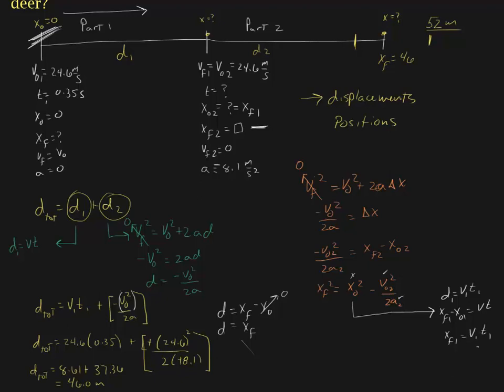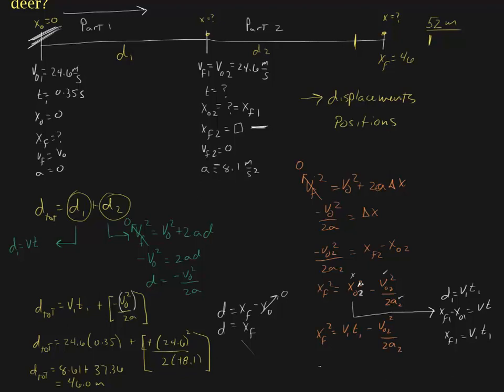So we'll substitute v1 t1 in for x initial 2. That should be down there, not there. Okay, so we get x final 2 is equal to v1 t1 minus v initial 2 squared divided by 2a2.